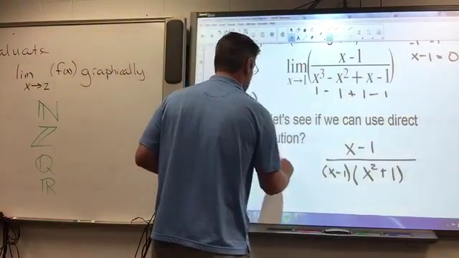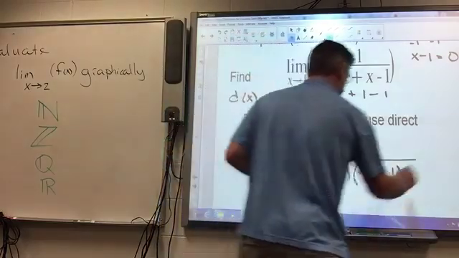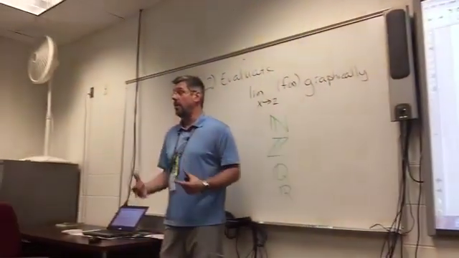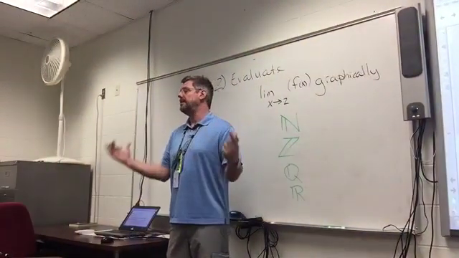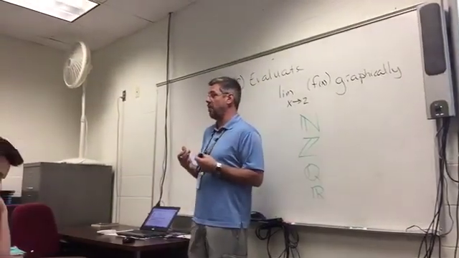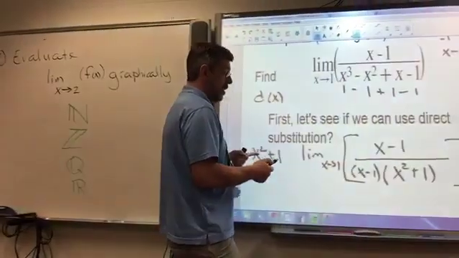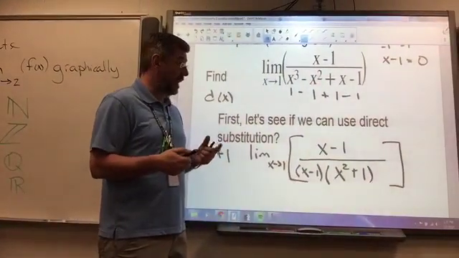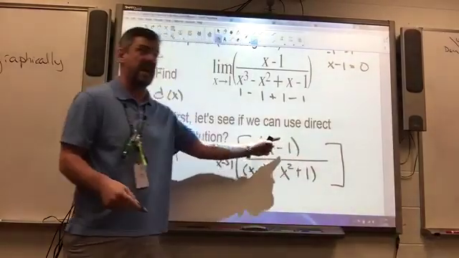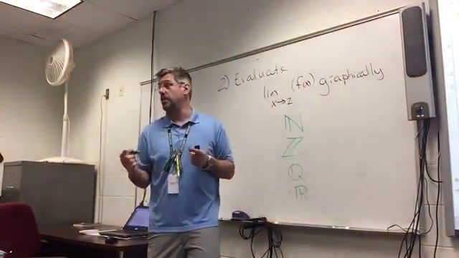And I'm evaluating the limit as x approaches 1 of all that hot garbage. Okay? So, now, does anything become apparent to us as far as a plan moving forward? Well, x cannot equal 1 here, but I got a common factor on top as I do on the bottom, don't I? So what can I do?